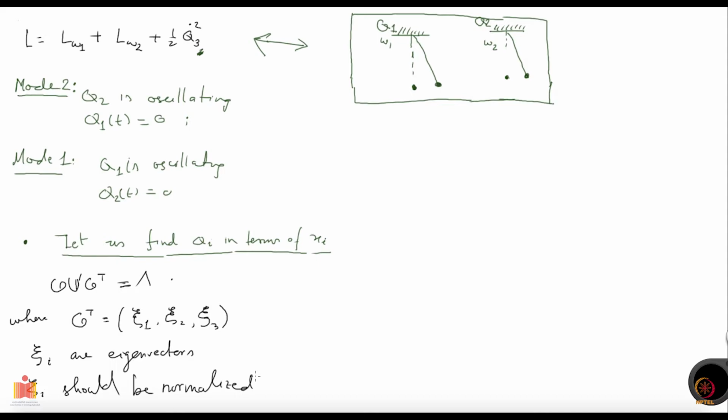And you also remember that when we looked at orthogonal matrices, for the matrix to be orthogonal, not only should all the columns be orthogonal to each other, each column vector should be normal. So the magnitude of each column vector should be 1. So whatever eigenvectors you get, you should normalize them, so that the magnitude of each eigenvector is 1. That is what the xi i should be.